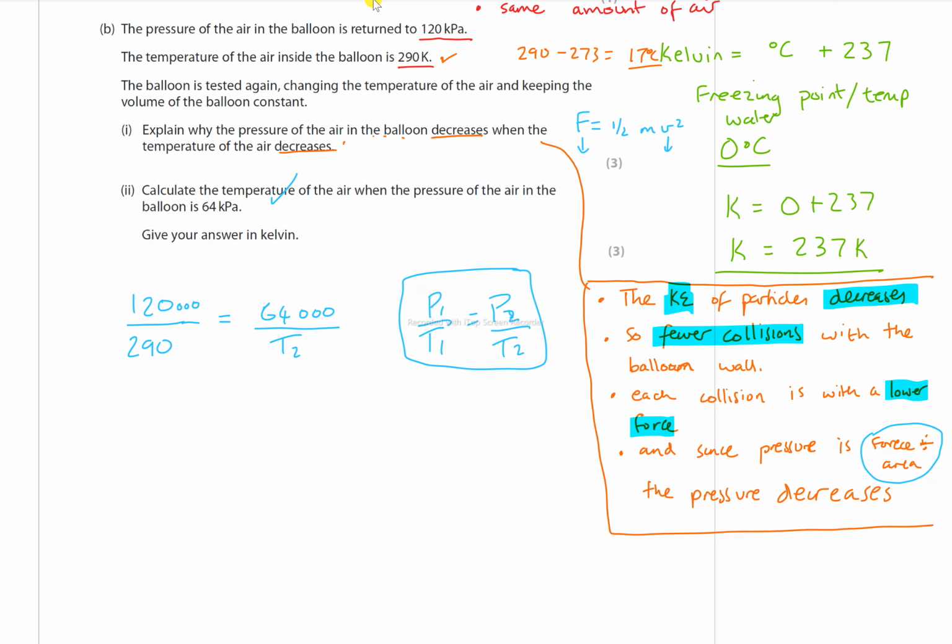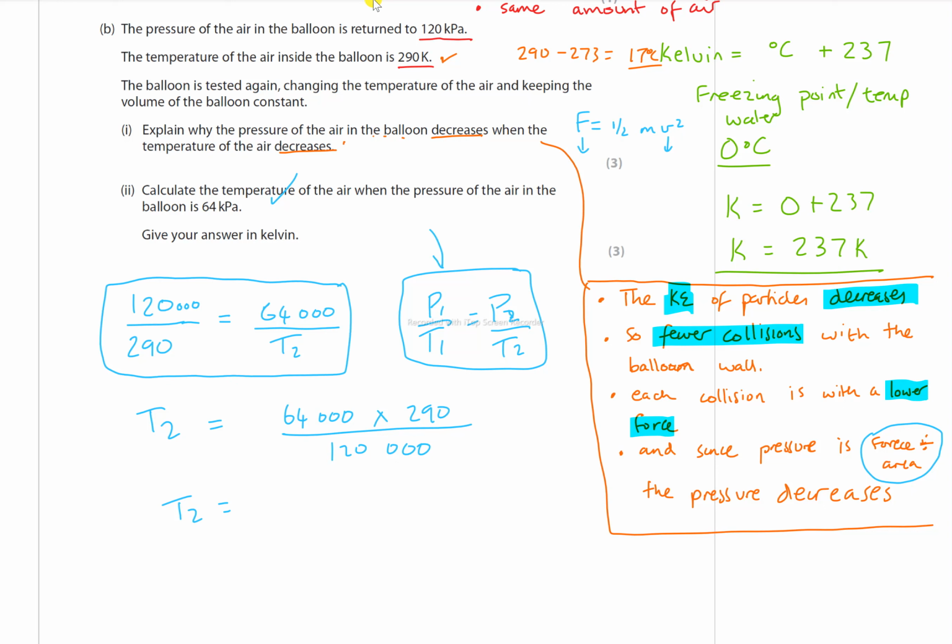Right, okay, so that's your first step. It's a 3 marker. Let's rearrange that. T2 is 64,000 times 290 all over 120,000. Right, look, if you're struggling with this, I won't worry about this. At least try to write this.